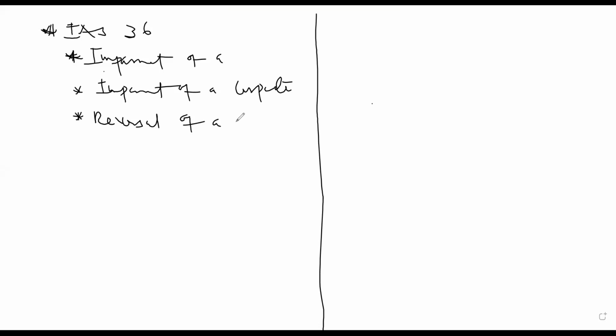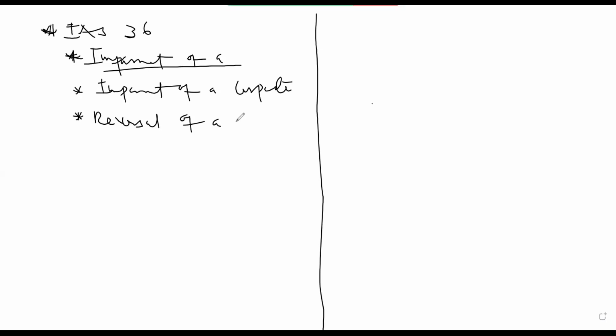The impairment of a subsidiary will always be seen as what? A cash generating unit. So even the impairment of the cash generating unit is still under the impairment of the subsidiary, because the subsidiary will be treated as if it's a cash generating unit. So these are the major issues that you should be looking at in the impairment of assets.